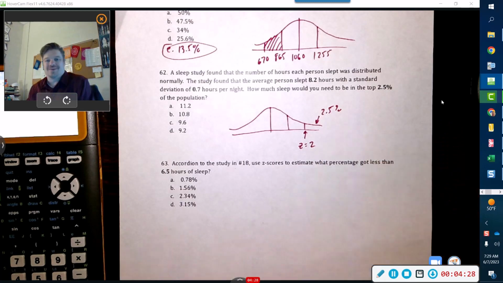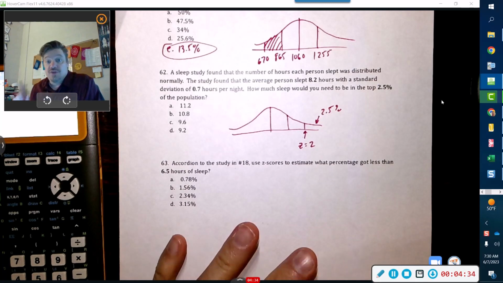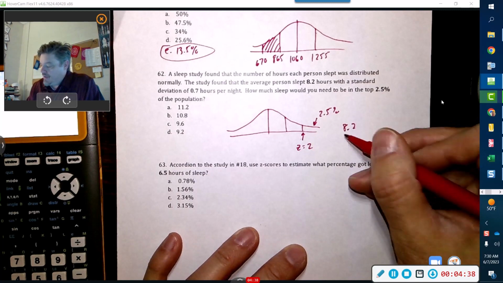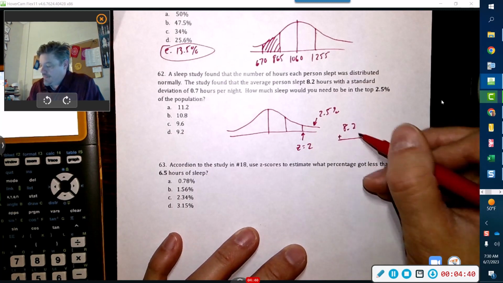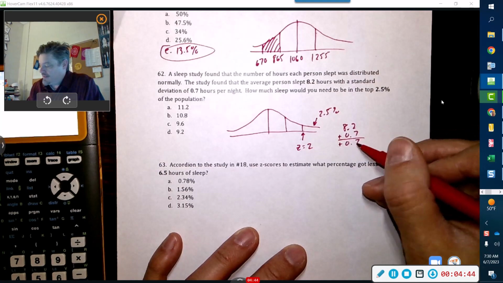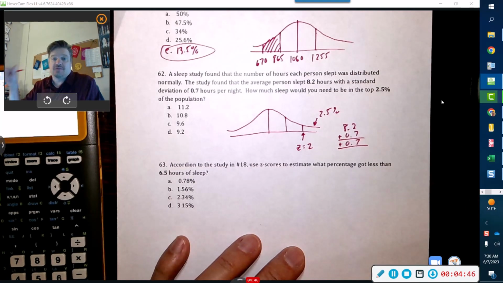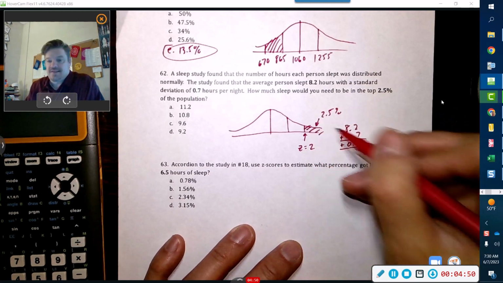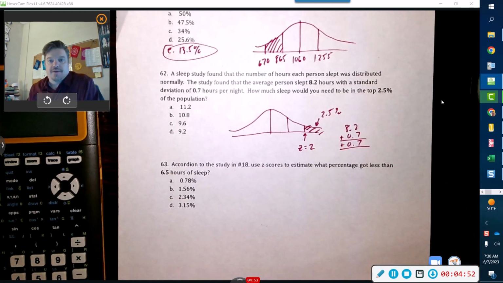So you are 2 standard deviations away from the average. So what we'll do is add 0.7 to 8.2, and then add 0.7 again, and that'll take us to the second standard deviation, and we know that that represents the top 2.5%.